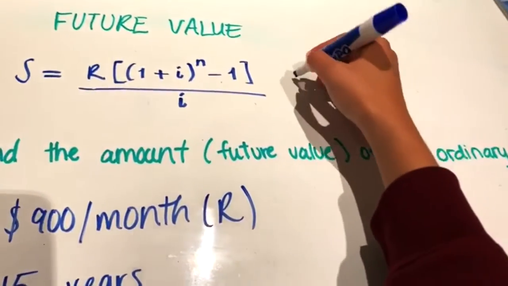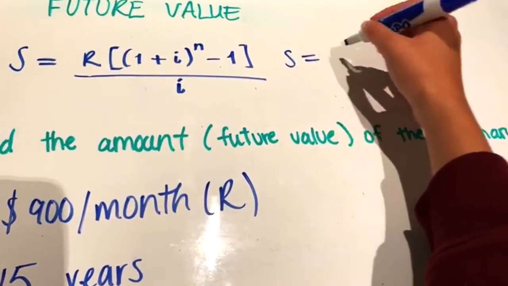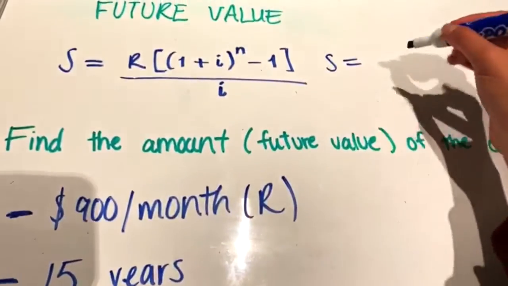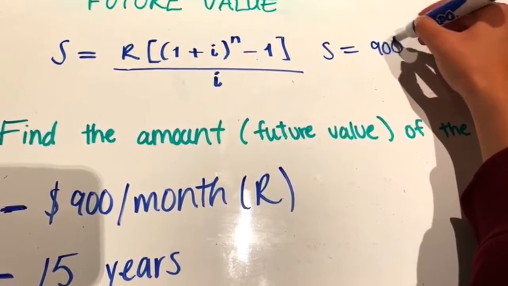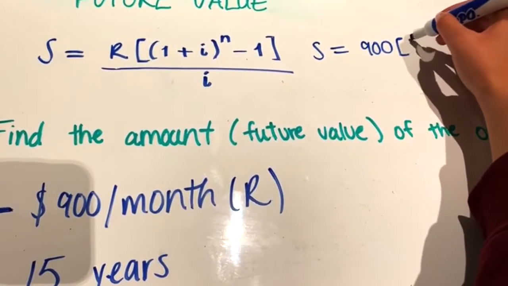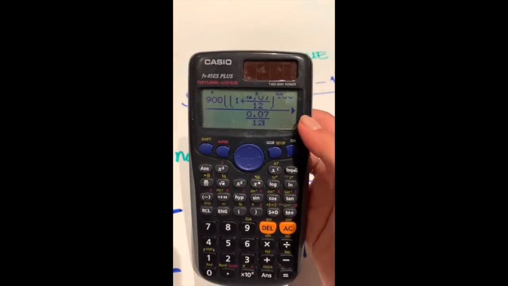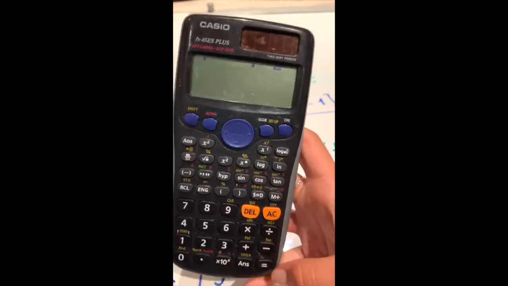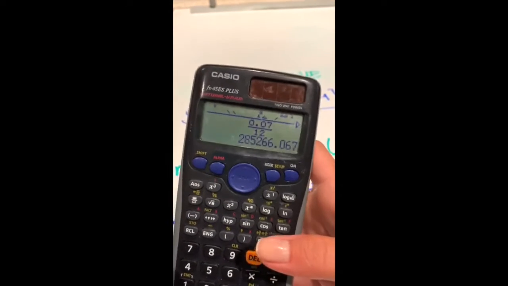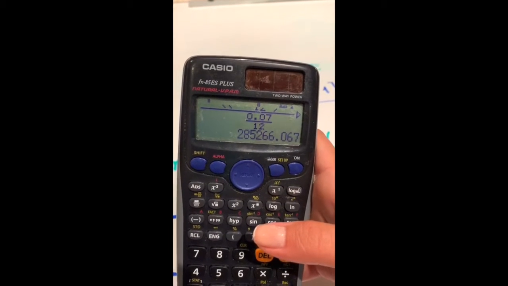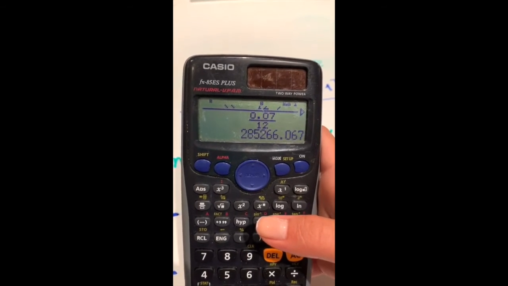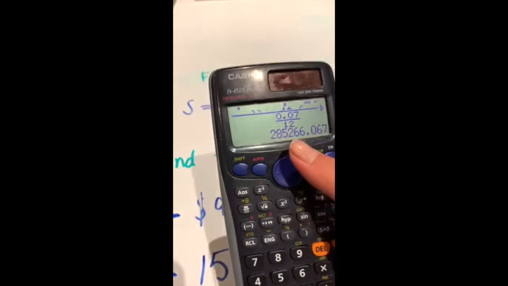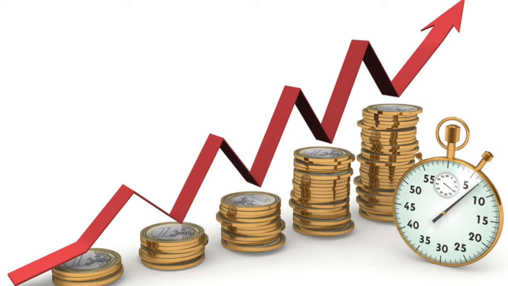So S equals R, which is our 900, times the parentheses, and once you plug in all the values, your answer will be $285,266.07.